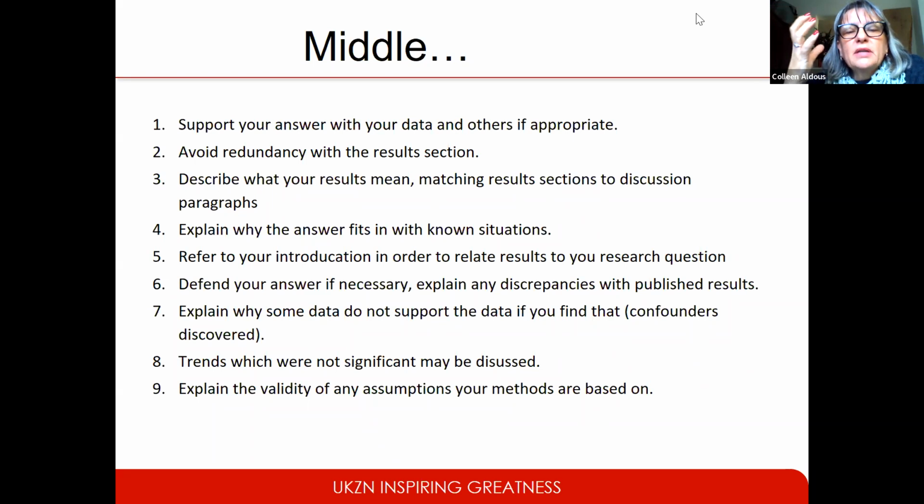Explain why some data do not support the argument, if you find that. This is basically about finding confounders. So looking at a study on insomnia, for example, if I was to look at women's perception of insomnia, and I did a focus group with a group where there is not the language that describes insomnia.